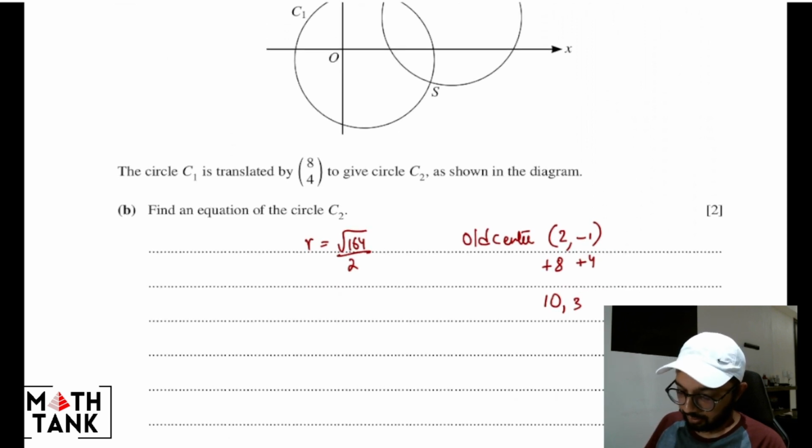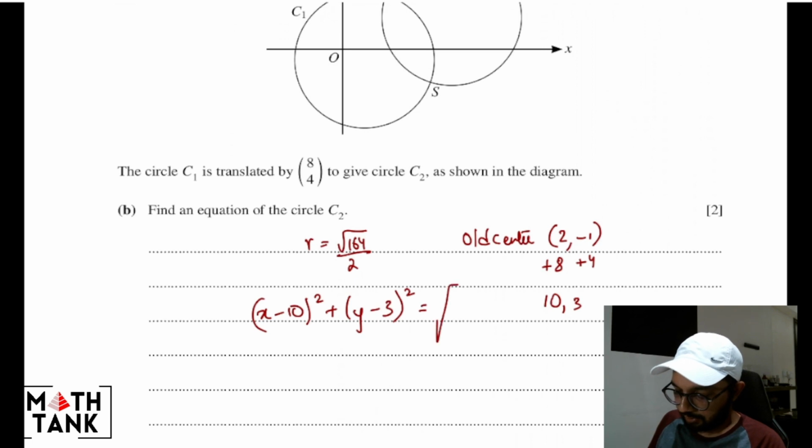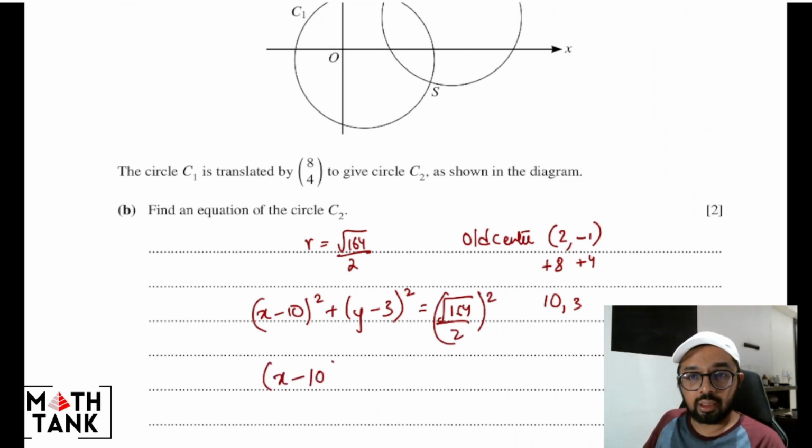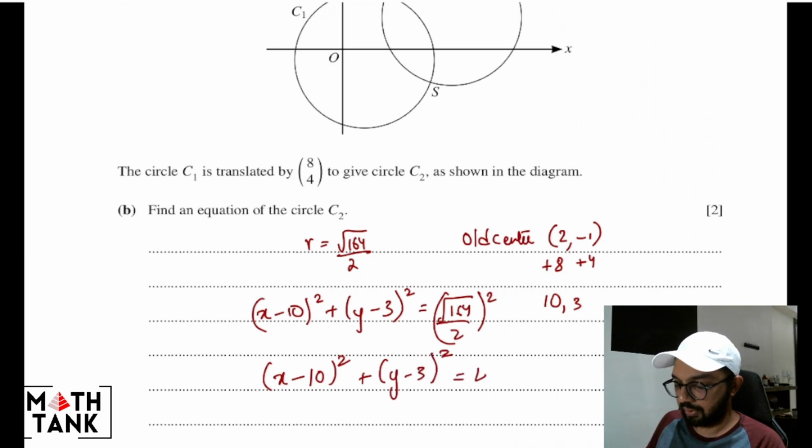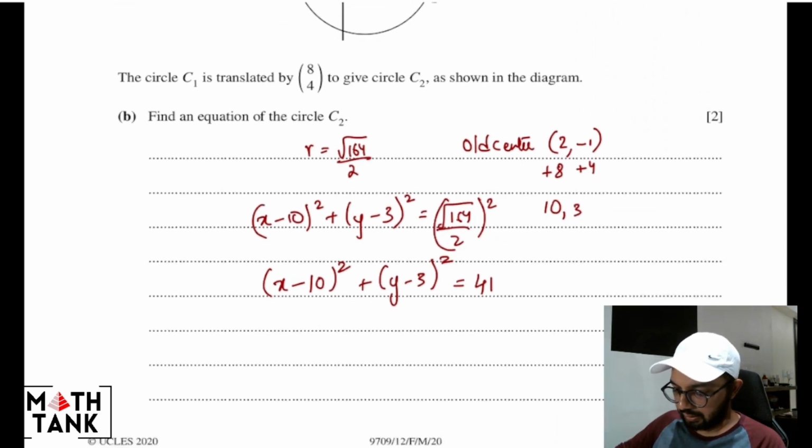So the equation of the new circle would be x minus 10 whole square plus y minus 3 whole square equals again root of 164 over 2 whole square. That gives me x minus 10 whole square, y minus 3 whole square equals again 41. Okay, hoping that's the correct answer again.